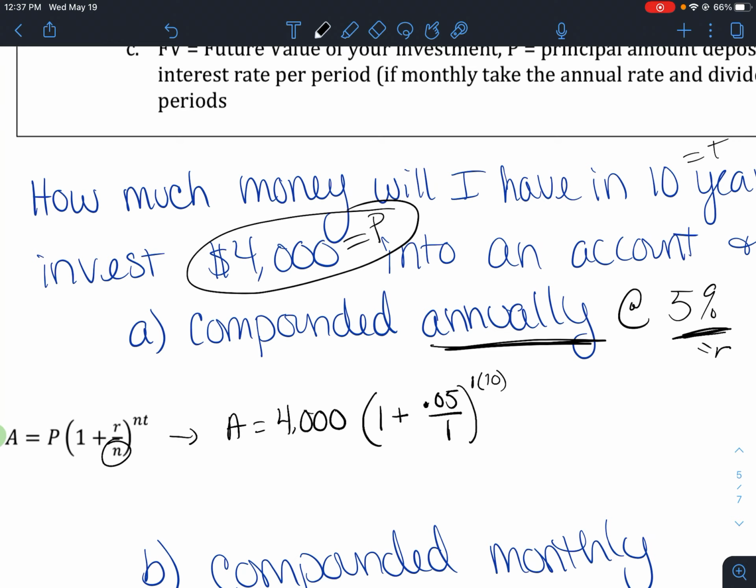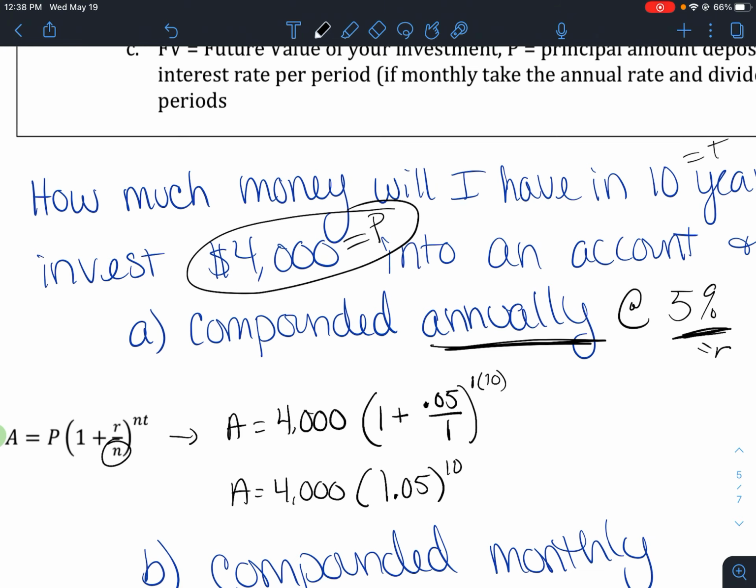All right. So in this particular equation, we can simplify it a little bit. We have 4,000 times 1 plus 0.05. Well, that's really just 1.05 if I consolidate, to the 1 times 10 power, or to the 10th.